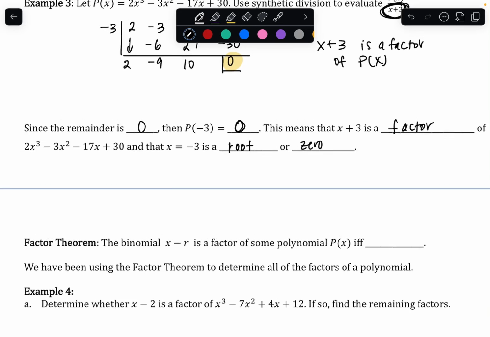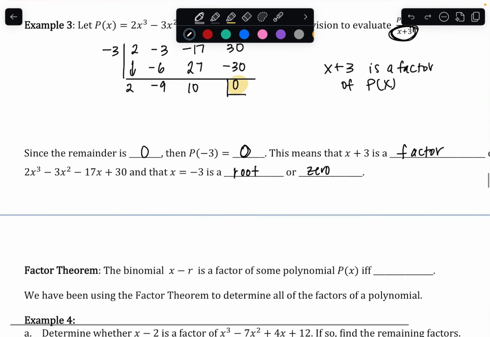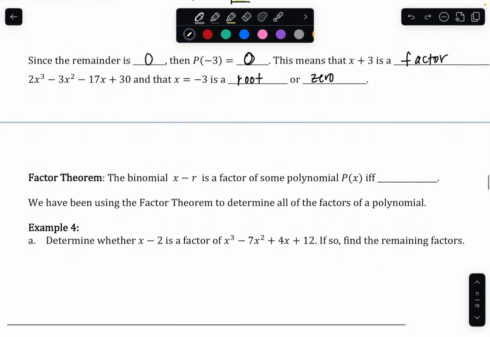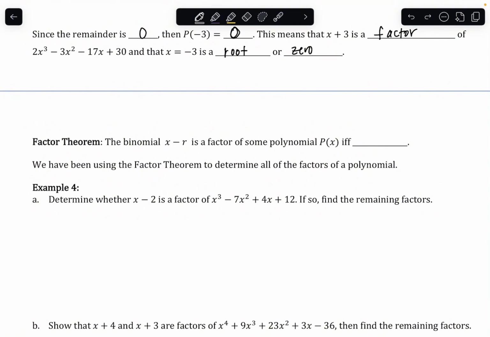So if it's a root of this factor, and this is a factor of the polynomial, that means it's a root of the original polynomial. So the factor theorem says any binomial x minus r is a factor of a polynomial if P of x equals 0, or P of r equals 0. When you plug this in, you get 0.